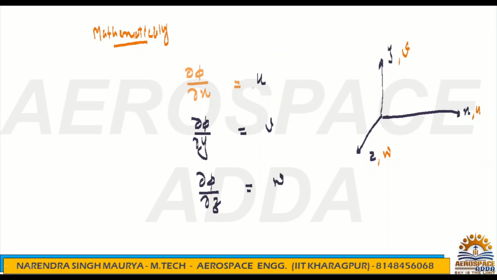Dou phi by dou x is nothing but u, dou phi by dou y is nothing but v, dou phi by dou z is nothing but w. In this way you have to calculate. It's very, very important.